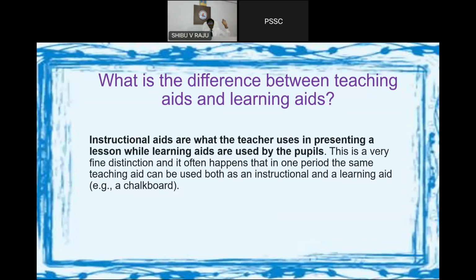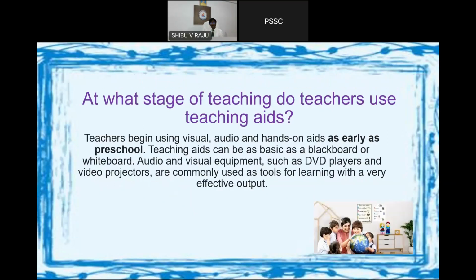Still it is here, and we can say, look here, this part is here. This will complement each other. The textbook and the teaching aids will complement each other, and that becomes the best one.